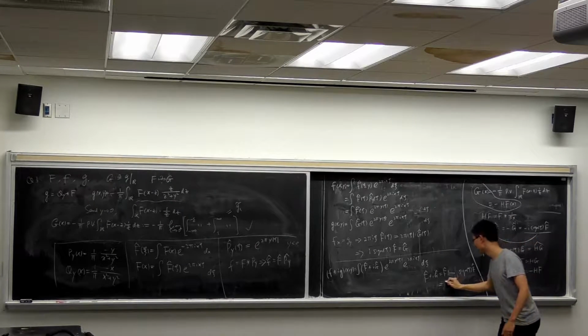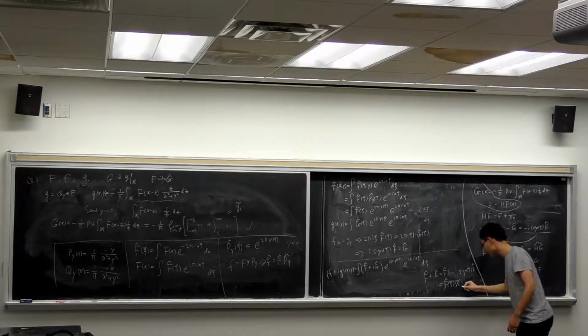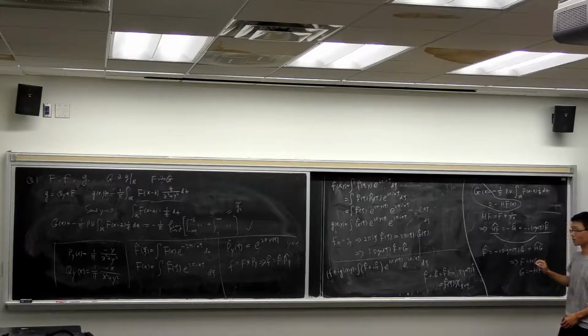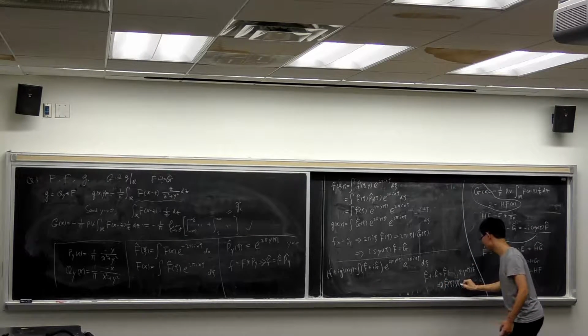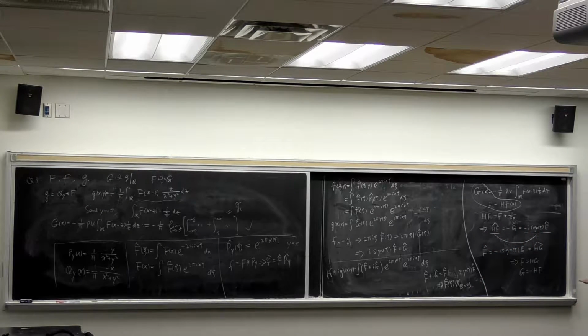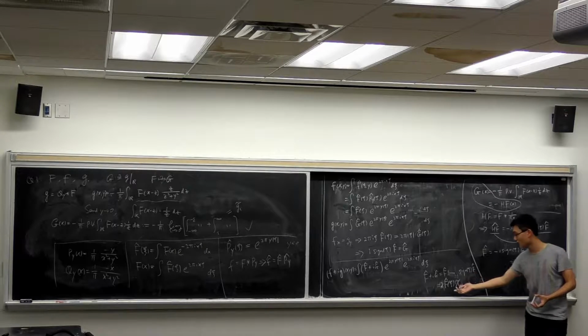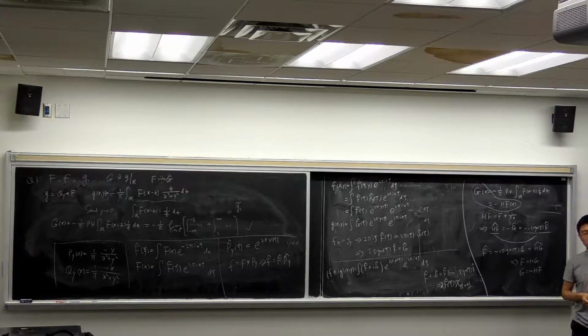So this is going to be 2 times f hat of c times the characteristic function on c less than 0. This means such a holomorphic function only has negative frequencies.